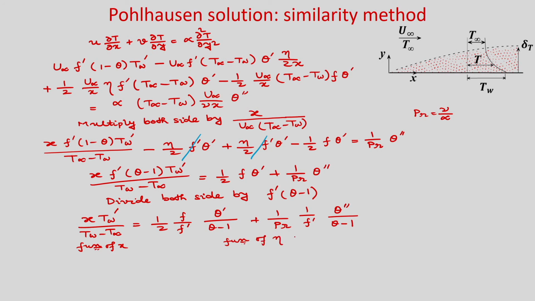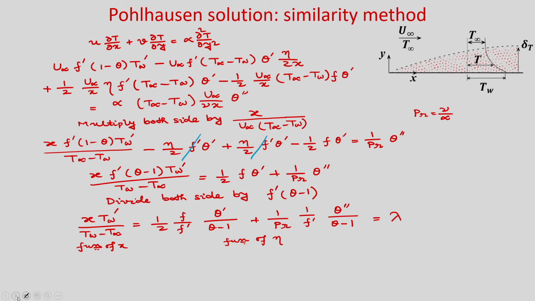Okay. So, as left hand side equals right hand side, and left hand side is a function of x and right hand side a function of eta, it will be equal to some constant, okay, and that constant let us say is lambda. So, this will be equal to lambda. Okay. We have separated the variables.